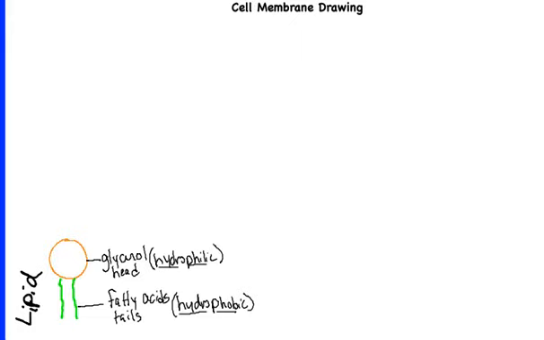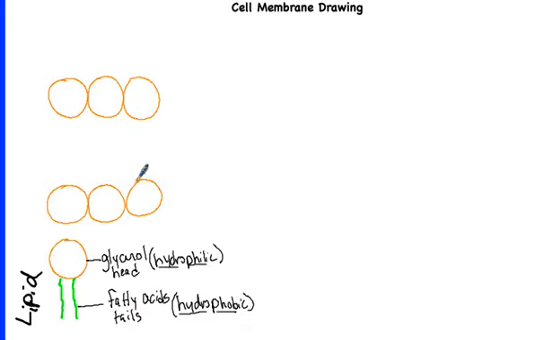We need to start with our phospholipid bilayer. So I'm going to do a few kind of like this. I'm going to do a few more down here, and then don't forget your tails. Okay, so kind of like that.